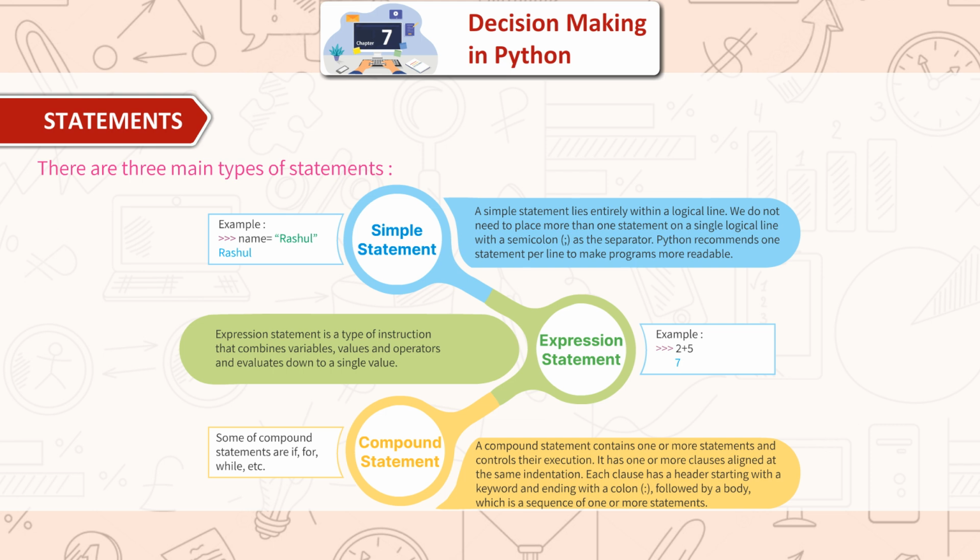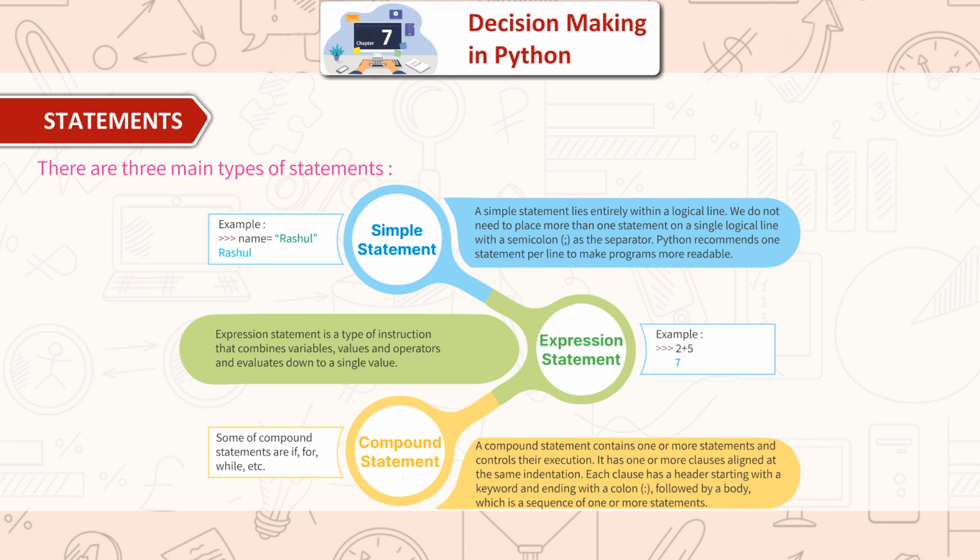Python recommends one statement per line to make programs more readable. Example, name is equal to double quotes Rashul, Rashul. Expression statement. Expression statement is a type of instruction that combines variables, values, and operators and evaluates down to a single value. Example, 2 plus 5, 7.